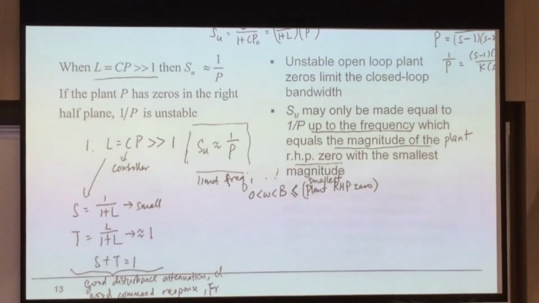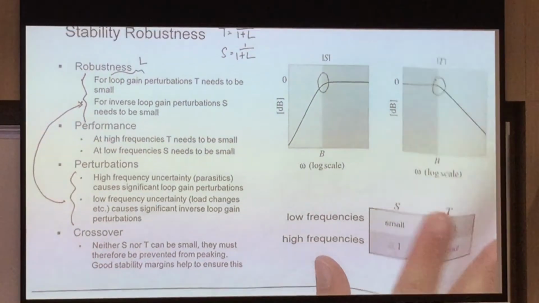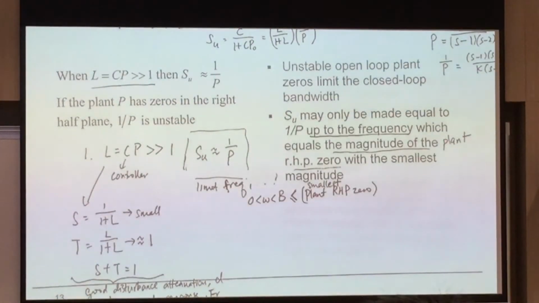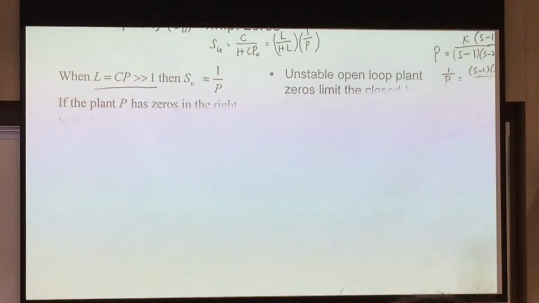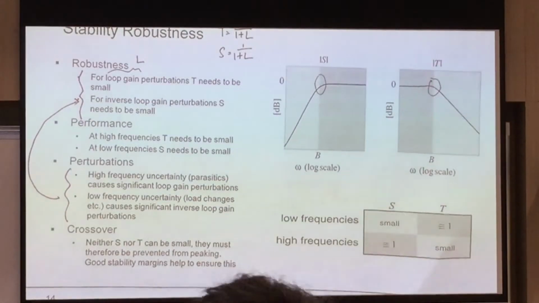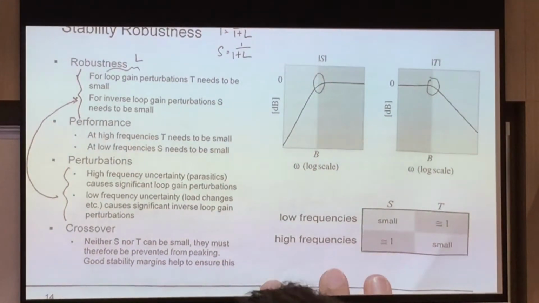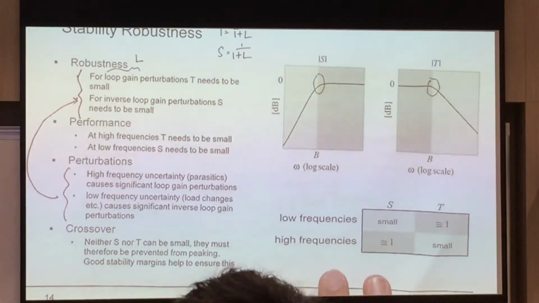Okay, let's move on. So stability robustness is just a summary. We have already completed this. When you look at Doyle's stability criterion, this is just a summary.